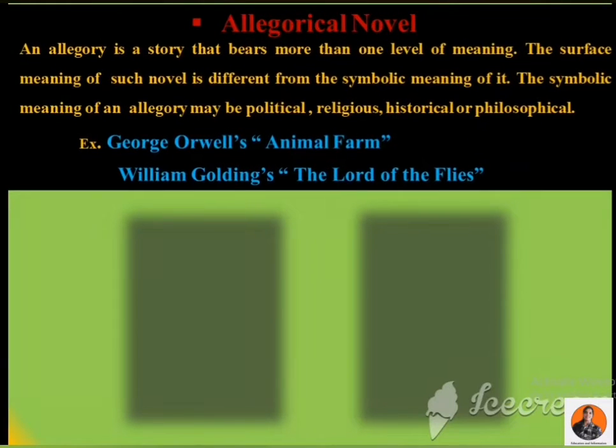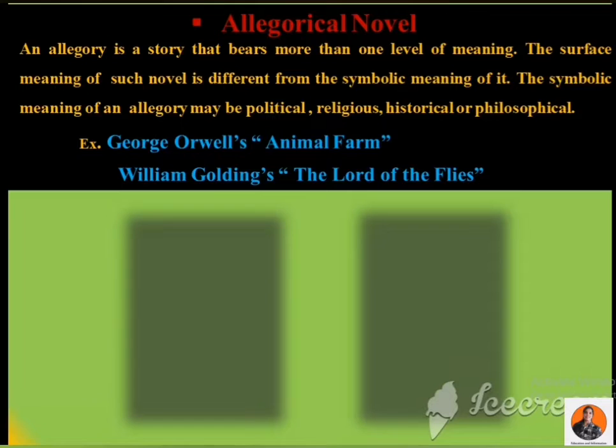Allegorical novel. The next type is allegory. An allegory is a story that bears more than one level of meaning. Normally a word has one meaning, but in this novel there is one word with various meanings. The surface meaning of such a novel is different from the symbolic meaning.